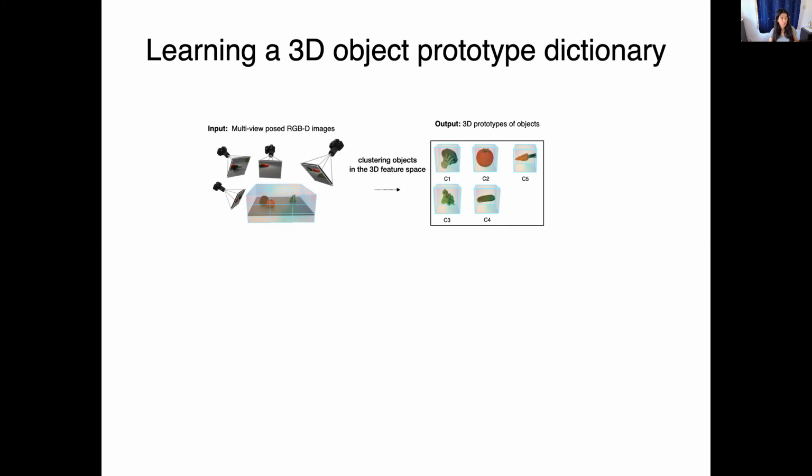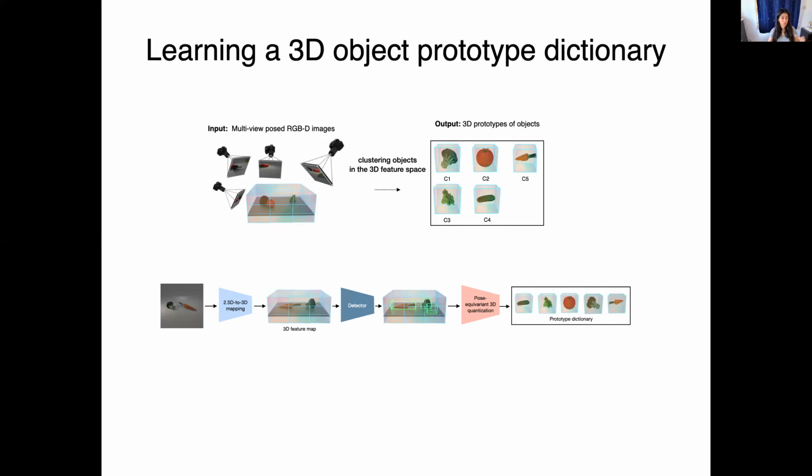We need to be able to organize the scene in terms of objects. And what I'm showing here is our next work where we looked at the scene from different viewpoints and used a 3D object detector that was jointly trained in the process, and was able to detect the objects and organize them into a library of 3D prototypes.